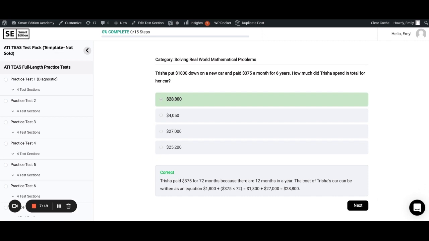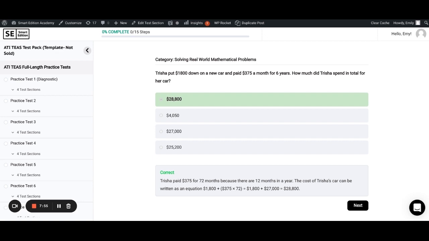So how did we get this? So Trisha paid $375 for 72 months total because there are 12 months in a year. We know that she paid every month for 6 years. So you would do 6 multiplied by 12 to get the amount of months, which is how we get 72. In order to get the cost of Trisha's car, you have to write out an equation.